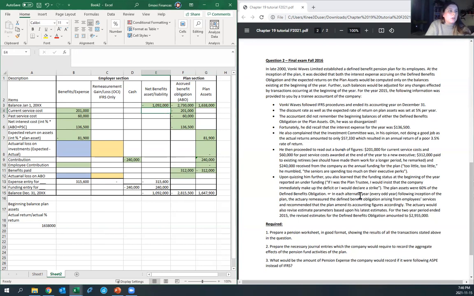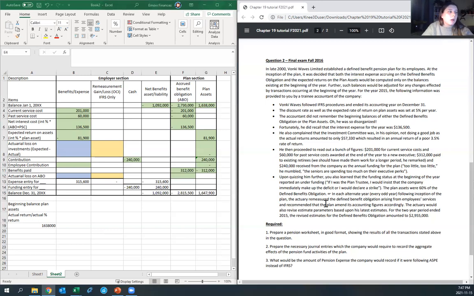In each alternate year, every odd year following inception of the plan. So it's an odd year, so we're going to have to do that, whatever they tell us. The actuary remeasured the defined benefit obligation arising from employee services and recommended that the plan amend its accounting figures accordingly.